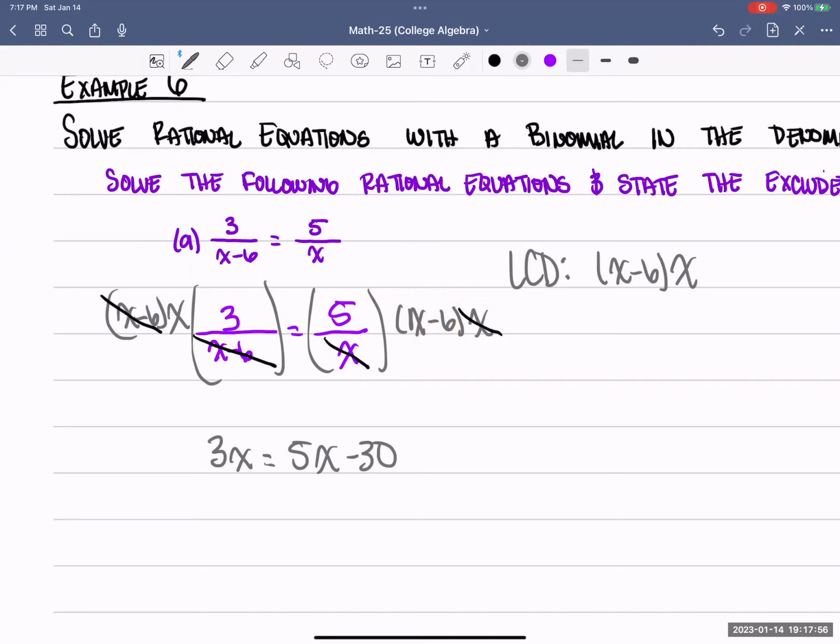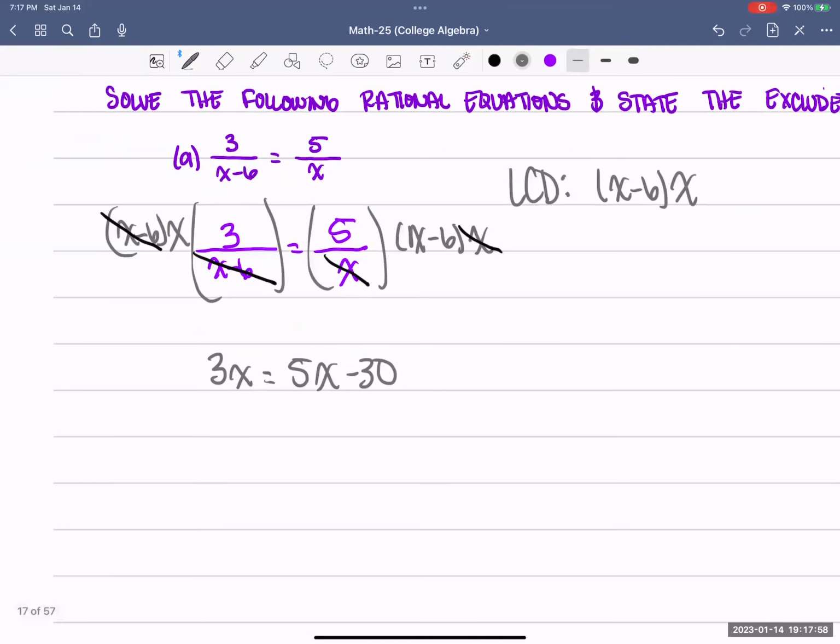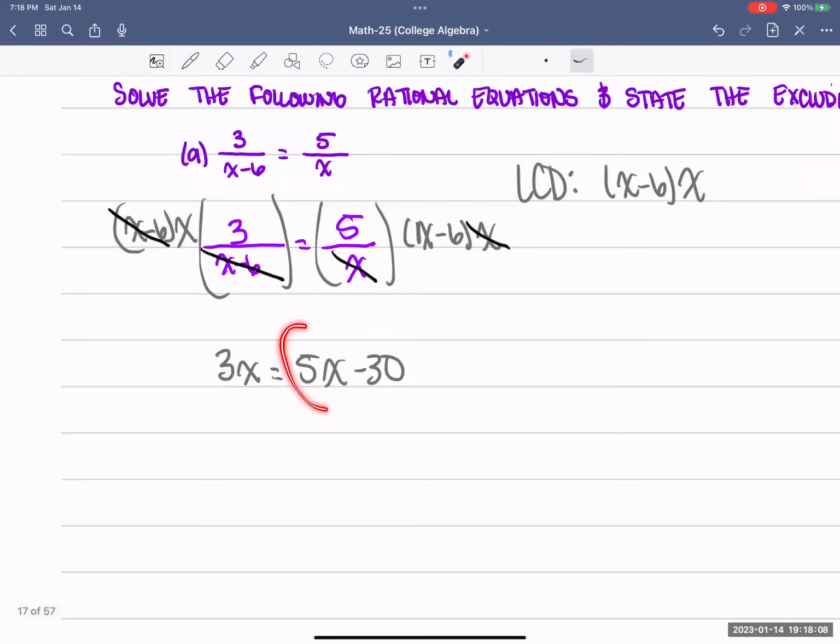Now from here, we want to make sure that we get all of our variables over to one side, everything else to the opposite side, so that we can divide and isolate our variable. I think it's going to be easiest to move this over to the left side, have our left side be our variable side. So minus 5x on both sides. Negative 2x is equal to negative 30.